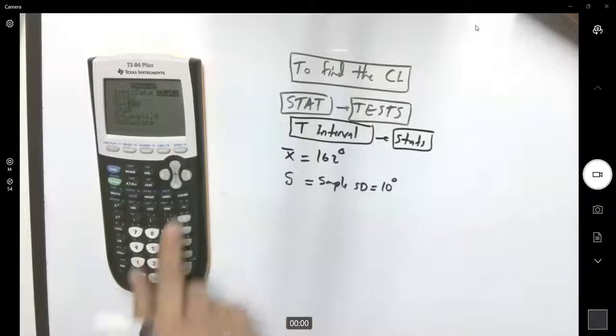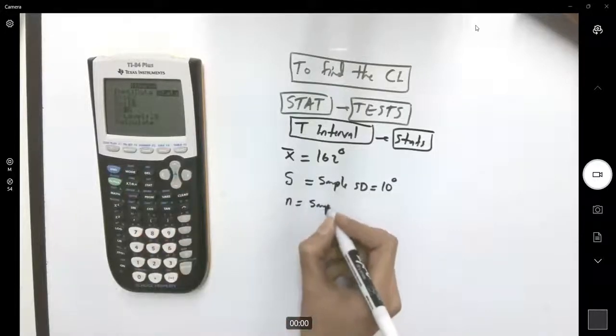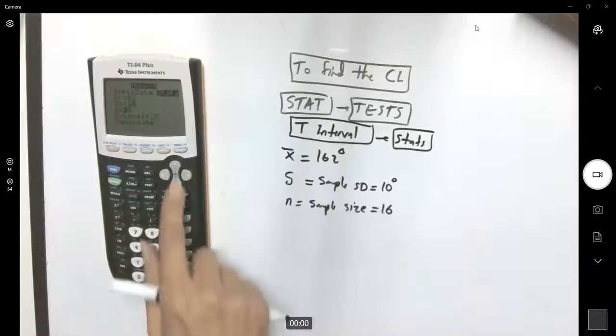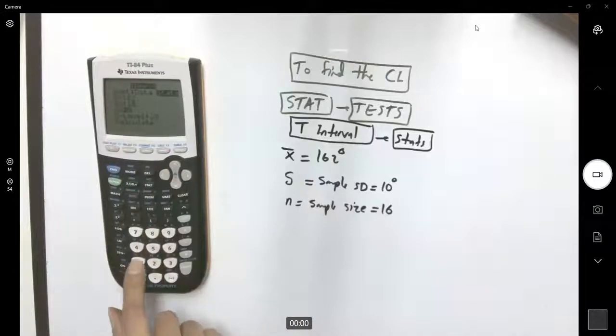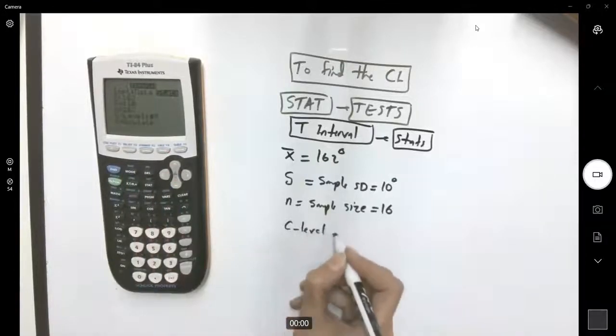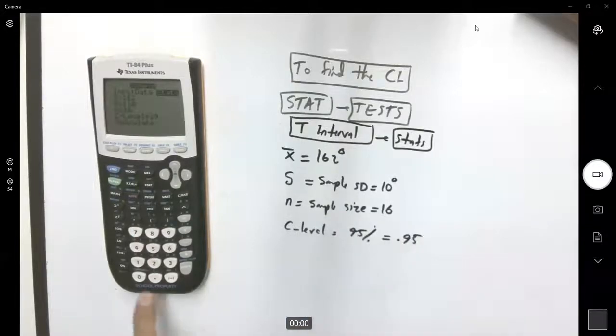So 10, and then n, the sample size, is equal to 16. And the confidence level, C level, is 95% or 0.95.